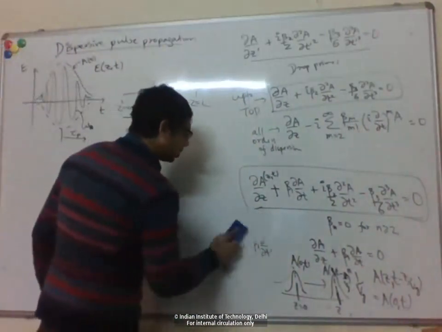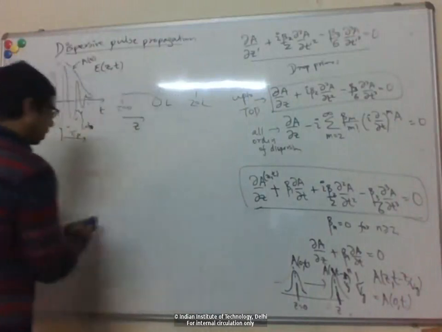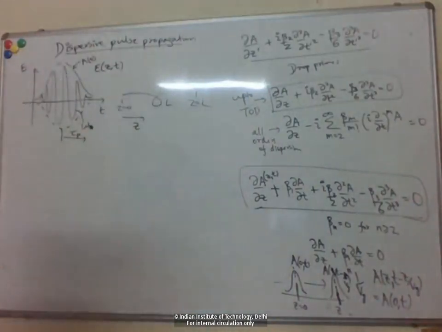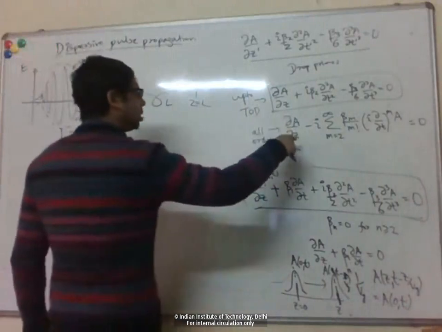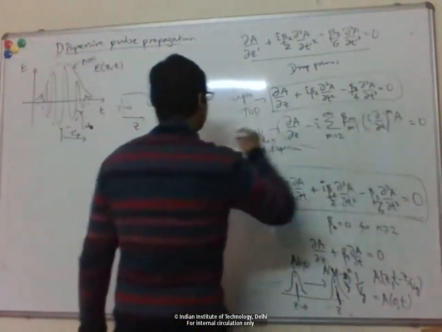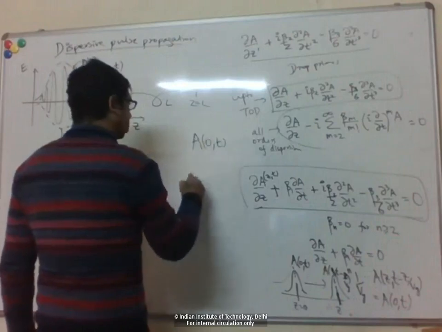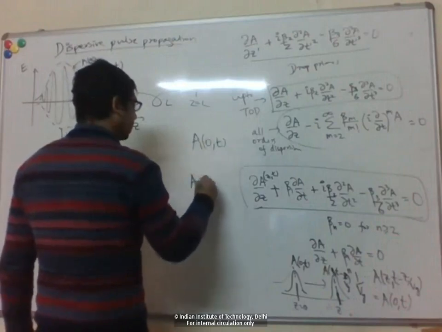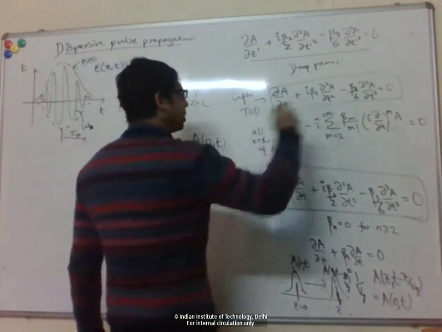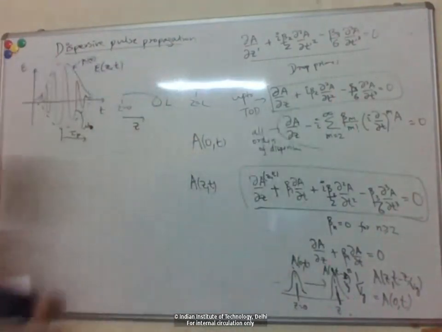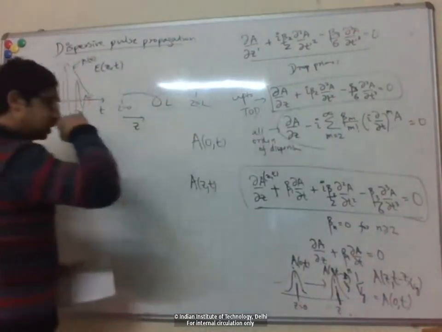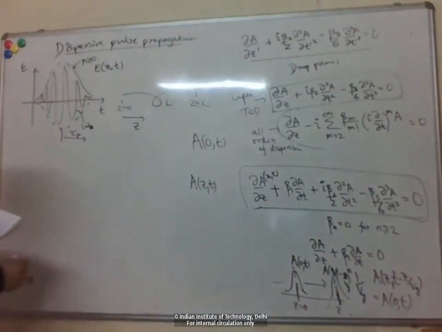So I start with some input, right? This is my equation. I start with some input A of 0, comma t, and I want to find A of Z, comma t. This is the equation which governs the evolution, but I can't solve this differential equation directly.